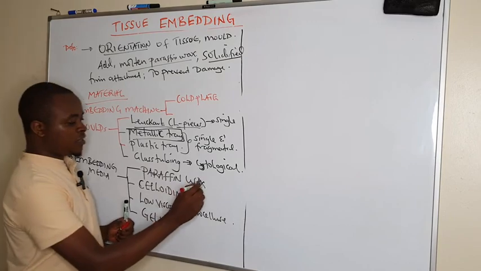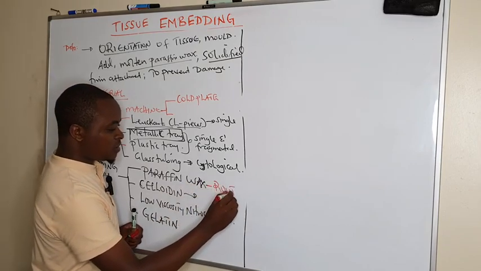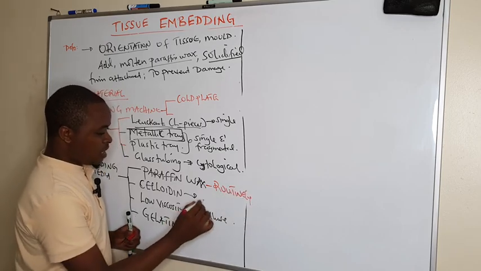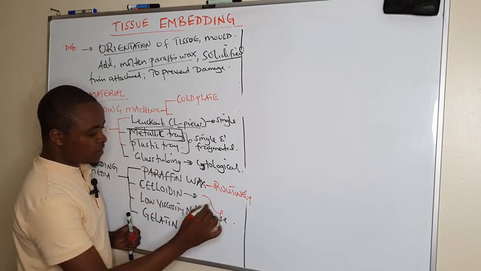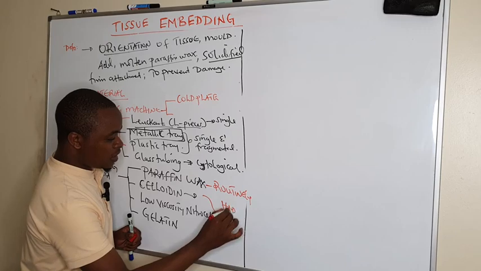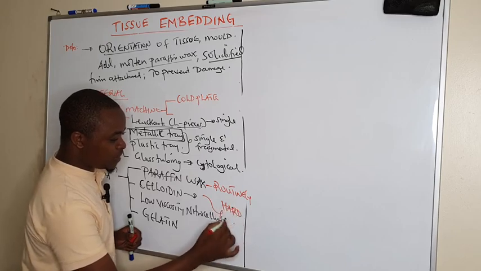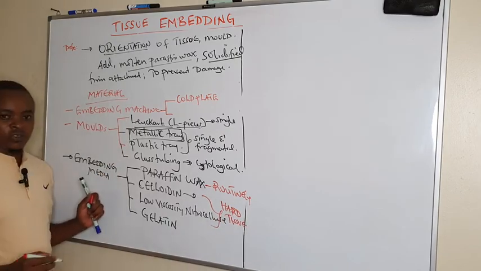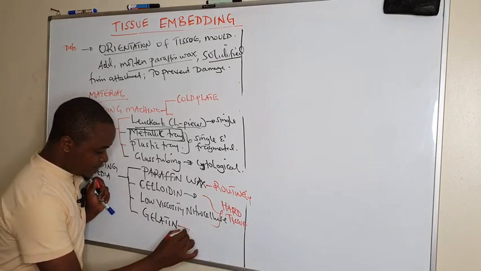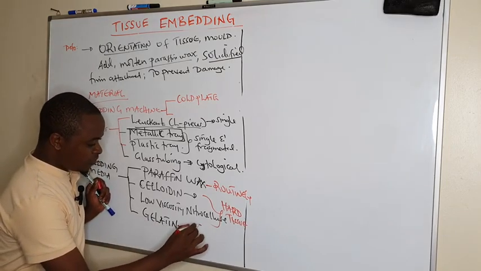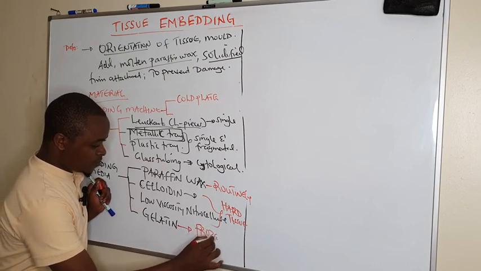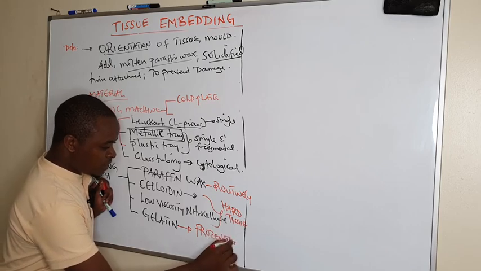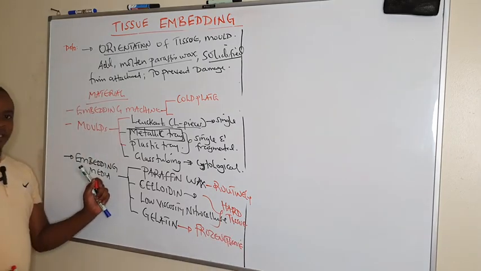Paraffin wax is routinely used due to its low melting point. Celloidin and low viscosity nitrocellulose are for hard tissues, like teeth and bones, which are easily embedded using them, whereas gelatin is good for frozen sections. So for frozen tissues, we can easily use gelatin as an embedding medium.